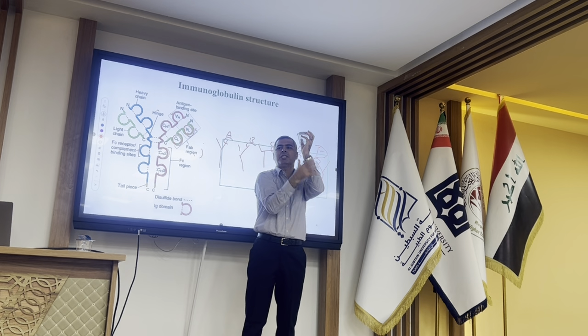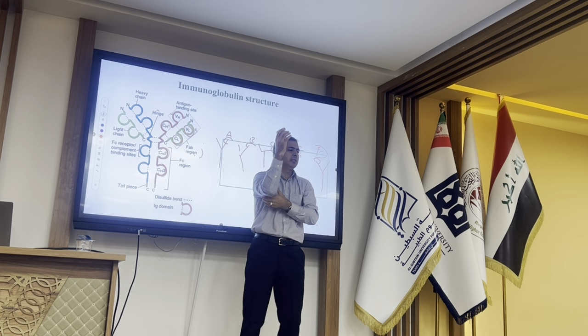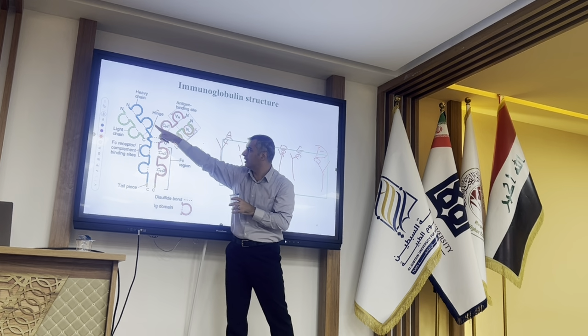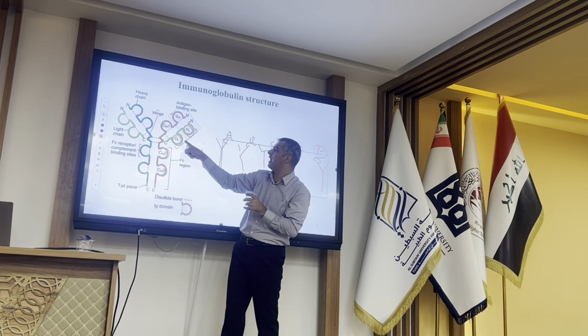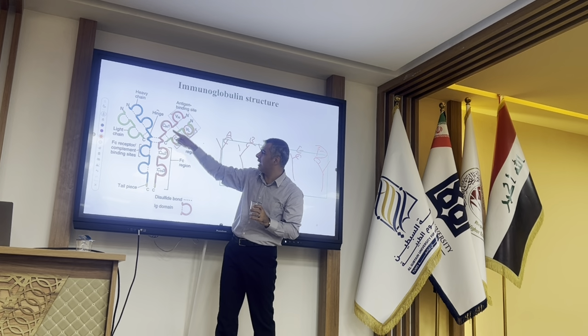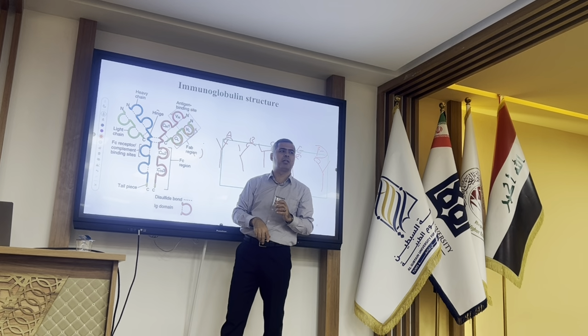And the rest of the chain is called constant regions. So we have variable regions and then constant regions. In the light chain, we have just one constant domain or region, but in the heavy chain, we have 3 or 5 constant regions.